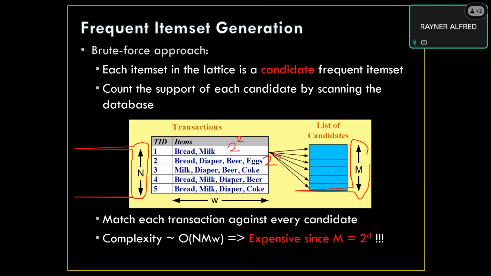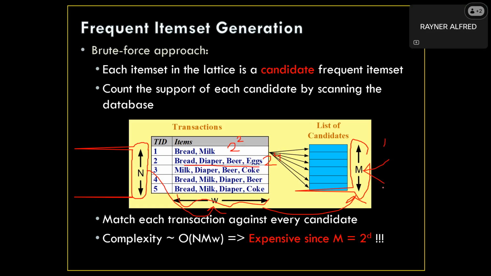This is the list of candidates that we have, and we also have the number of items here. So basically the complexity is N times W times M. Okay, so this is very expensive, especially when you have a large item set, because the large item set will influence your M here.